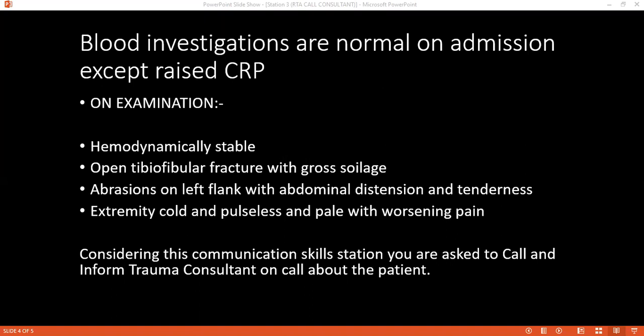Hello, Dr. Kazi? I am listening. So what is your plan of management for the fracture? The plan of the management of fracture.